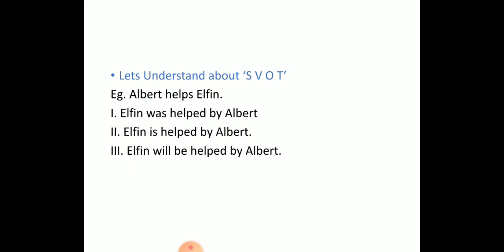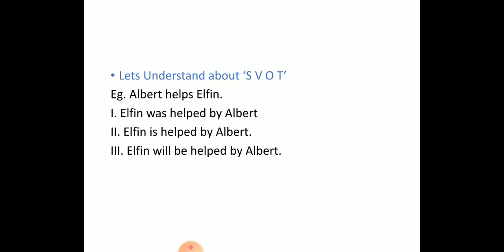To understand tense in voice, I have given you one simple example, that is Albert helps Alfie, and there are three options to choose the correct one. Number 1, Alfie was helped by Albert. Number 2, Alfie is helped by Albert.